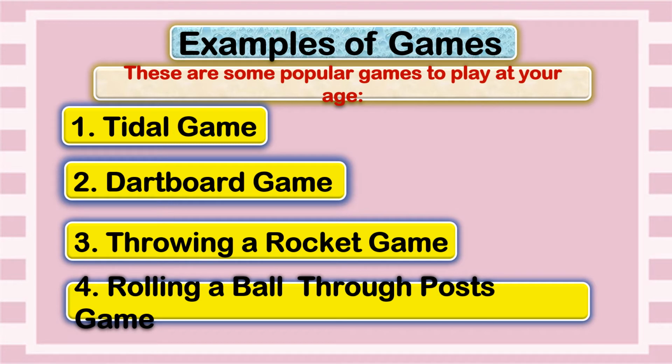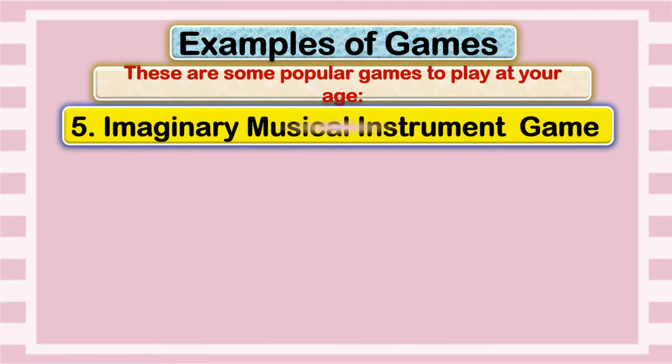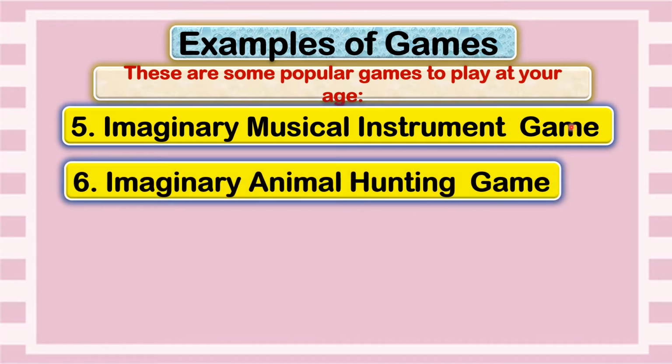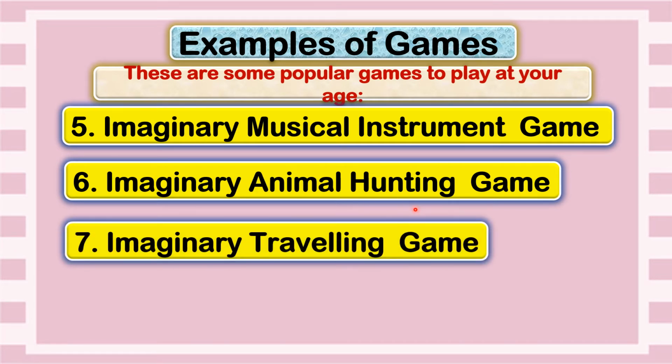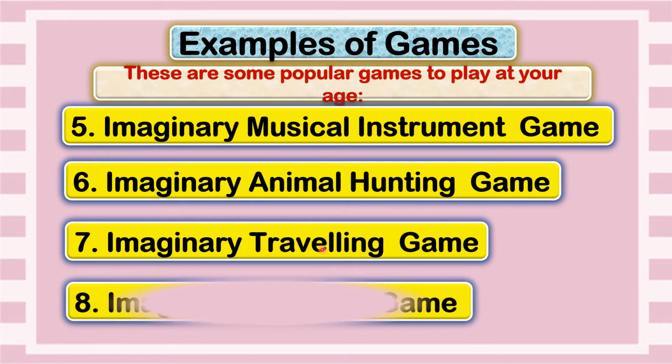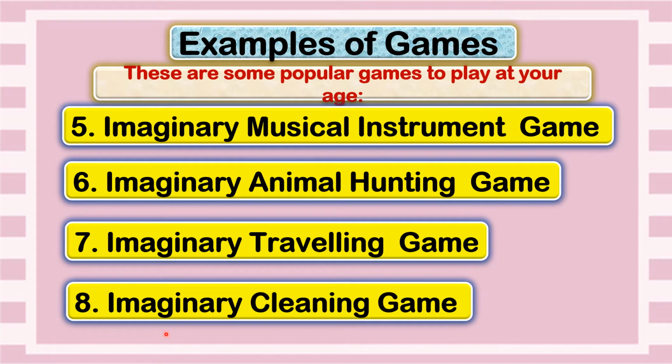Number 4 is rolling a ball through posts game. Number 5, imaginary musical instrument game. Number 6 is imaginary animal hunting game. Number 7 is imaginary traveling game. And number 8, we have imaginary cleaning game.